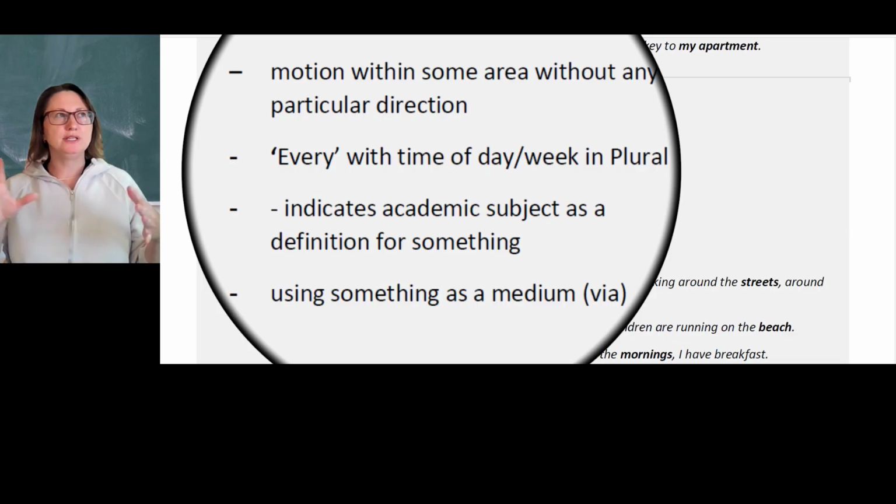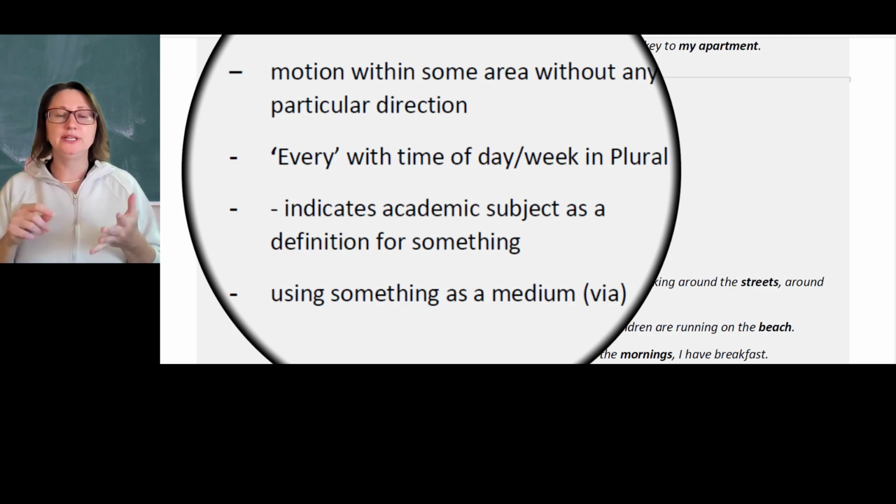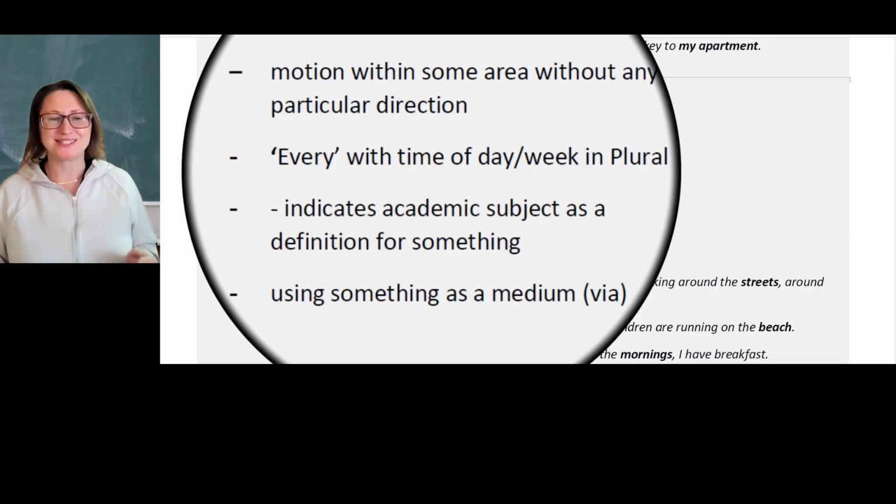Like every leap year, something happens. We are focusing on the most basic context of time of the day, like morning, night, evening, and days of the week, like Monday, Tuesday, Wednesday, and so on. And when we use the по, we just put that word into plural dative. And I'll show you an example.